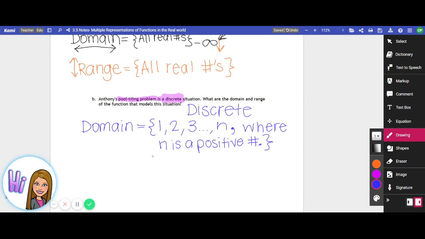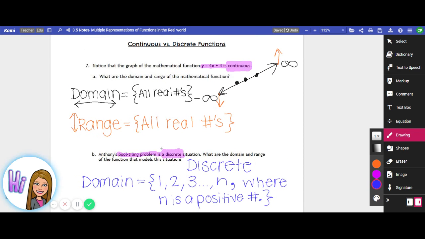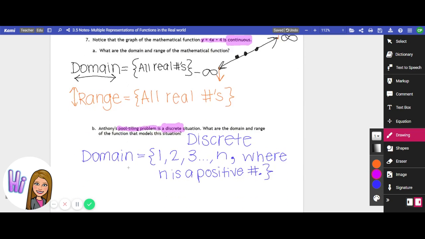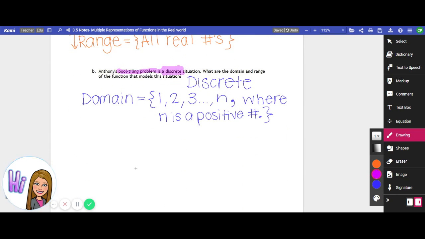And then for our range, this one's a little bit different, because the range goes up and down. We weren't really counting by ones, we were counting by fours: 4, 8, 12, 16, 20. So our range is going to look a little different.